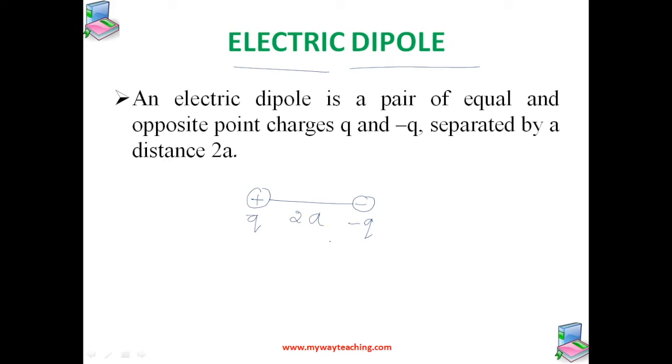The line connecting the two charges defines a direction in space, and by convention the direction from minus q to plus q is said to be the direction of the dipole, and the midpoint of the locations of plus q and minus q we call the center of the dipole.